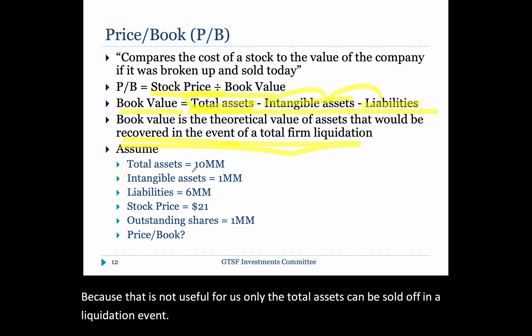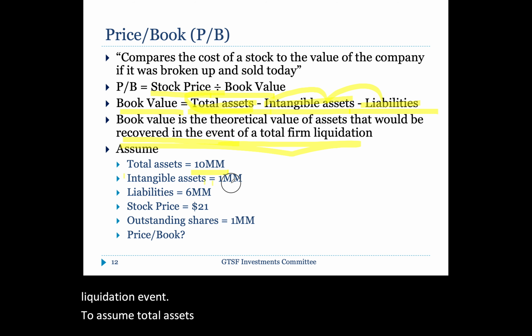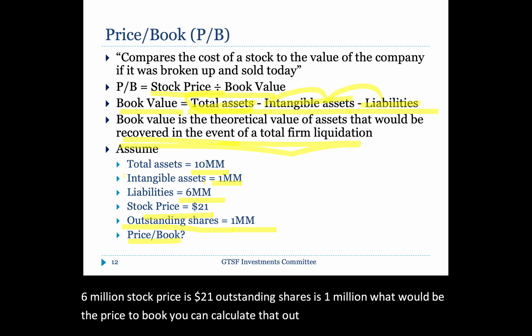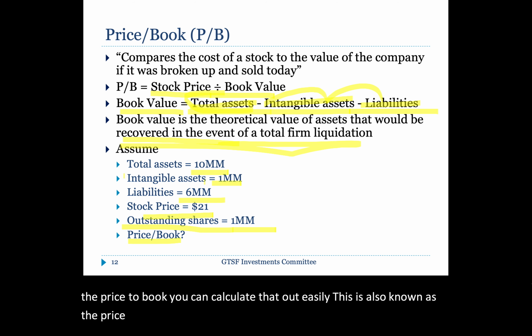So assume total assets is 10 million, intangible assets is 1 million, liabilities is 6 million, stock price is $21, outstanding shares is 1 million. What would be the price to book? You can calculate that out easily. This is also known as the price to equity ratio. So lower PB means that the stock could be undervalued or the company is in trouble.